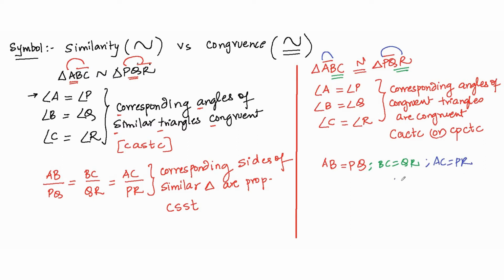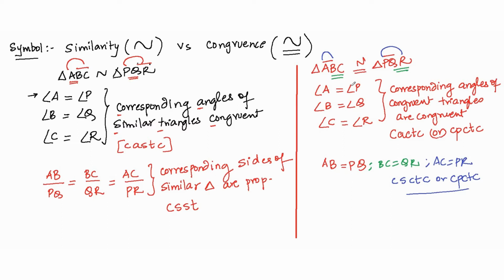This would be because corresponding sides of congruent triangles are congruent, also known as CPCTC. So the main difference between similarity and congruence is, in both, the corresponding angles are equal. There is no difference between them. But as far as sides are concerned, in case of congruency, the corresponding sides are equal, whereas in case of similarity, the corresponding sides are in proportion. This is the difference between similarity and congruence.